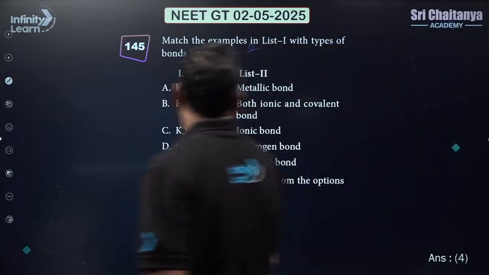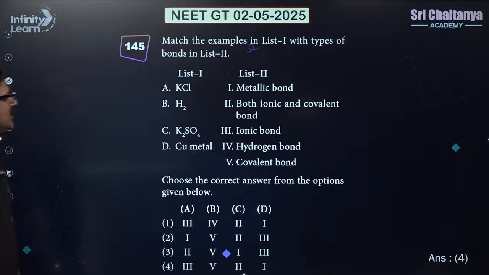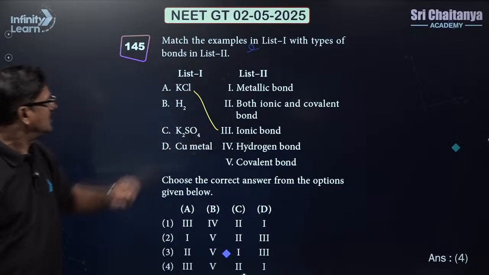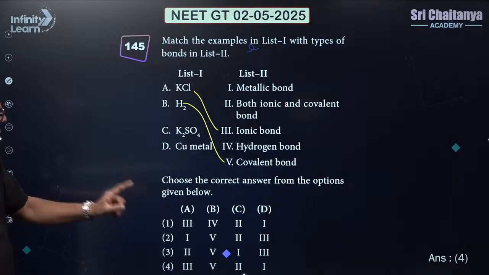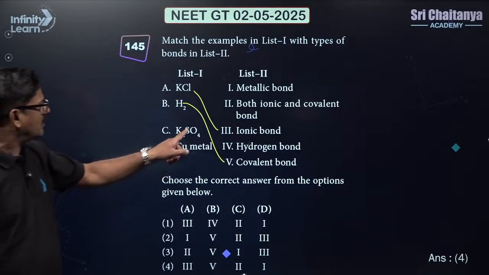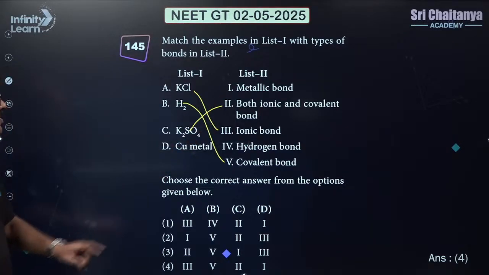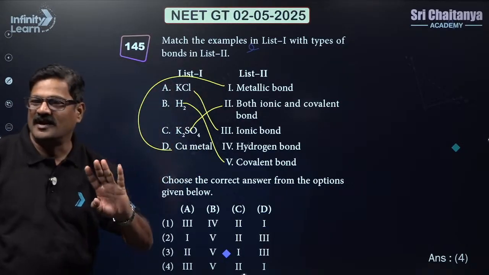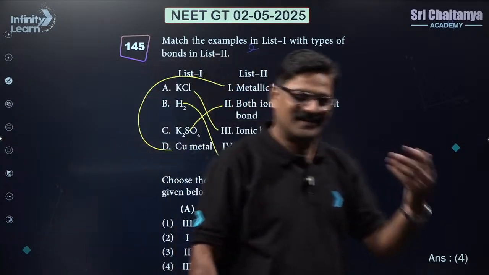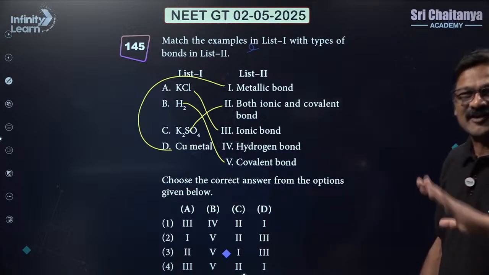Next, match the example. KCl has a pure ionic bond, and H2 has a pure covalent bond. K2SO4 has both ionic bond and covalent bond. Copper metal has a metallic bond. Simple application of your metallic, ionic and covalent bonds.